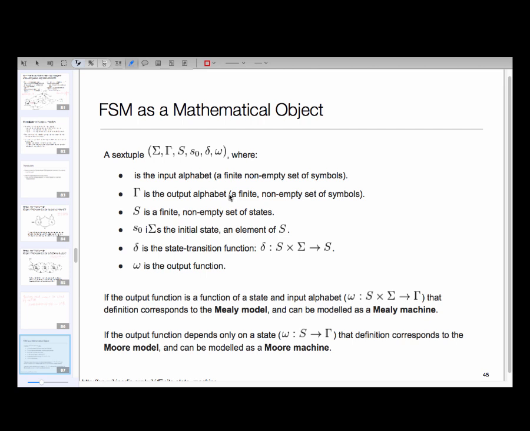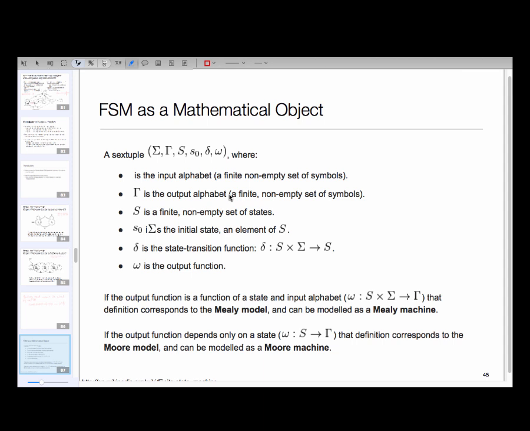That is, I have some number of output wires and they correspond to output symbols, and that is the alphabet of my output. I have a set of states, and this is a finite set, which is what makes it a finite state machine. I have a special state, which we call the initial state, which is where we start out after power up.